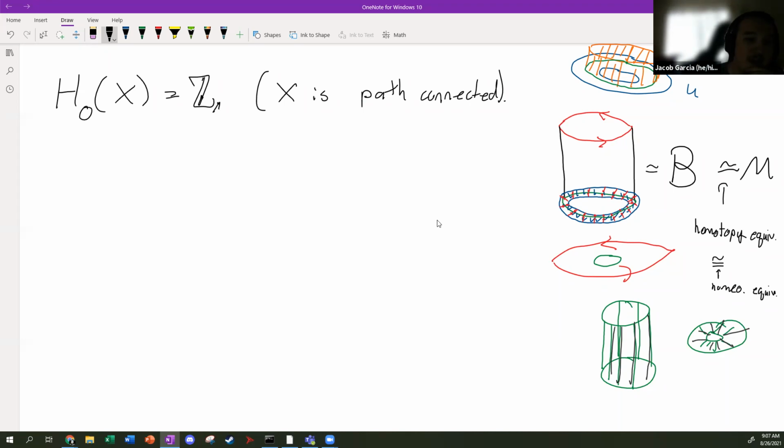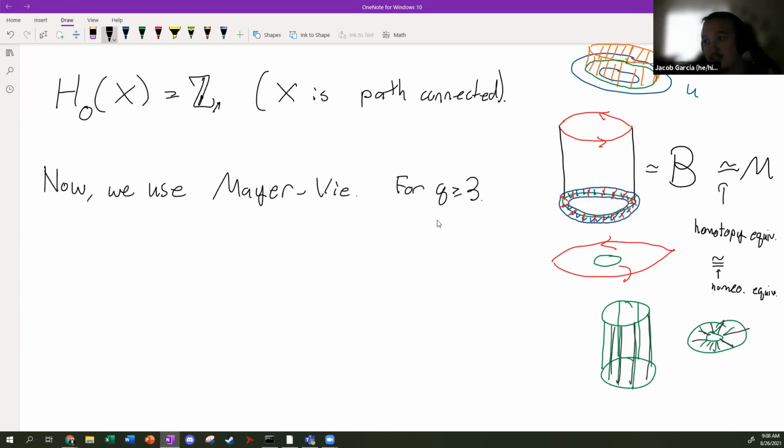Okay, so now we use Mayer-Vietoris for q greater than or equal to 3. First off, this is a surface, and I'm gluing another dimension 2 space to this, so this has no 3-dimensional bits.